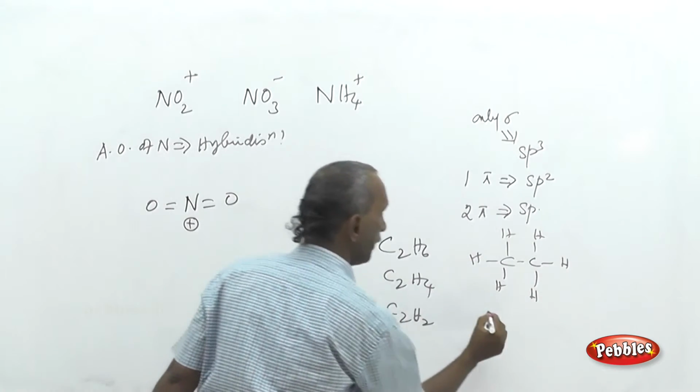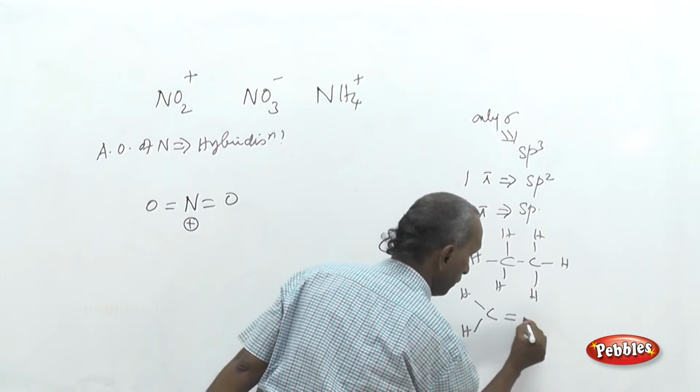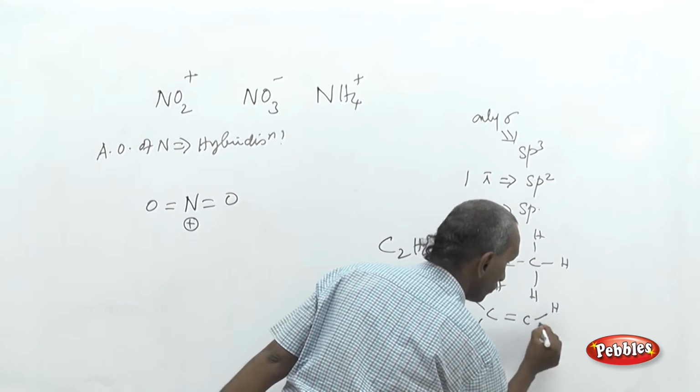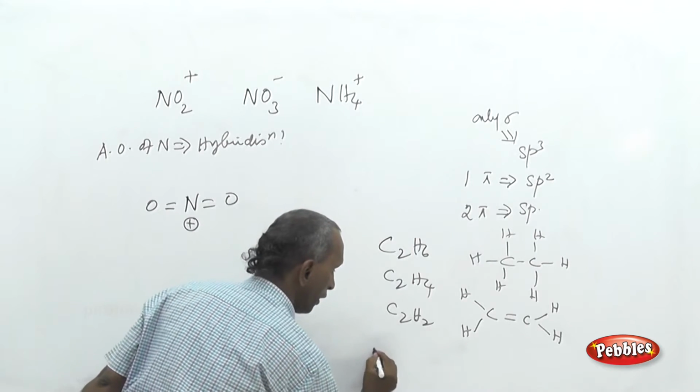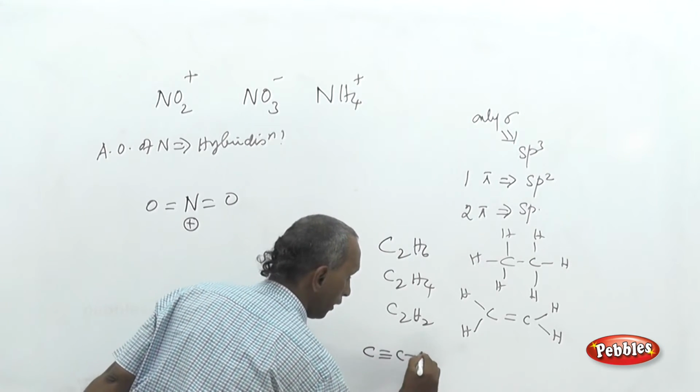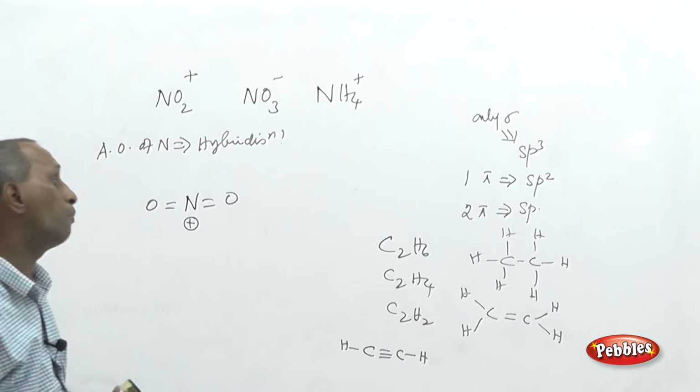Whereas C2H4 is a double bonded system: 4 hydrogen atoms are single bonded but the carbon-carbon bond is double. Whereas C2H2 is acetylene, its structure is C triple bond C, and CH linkages are always single bonds.